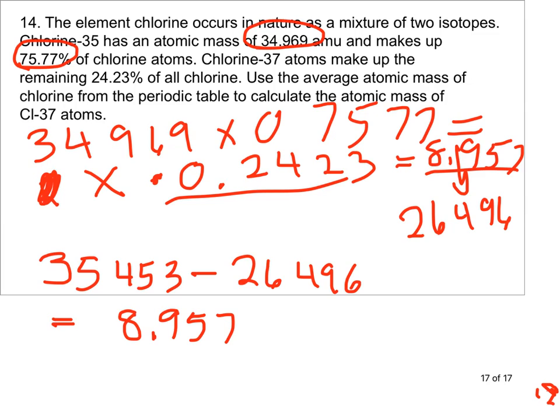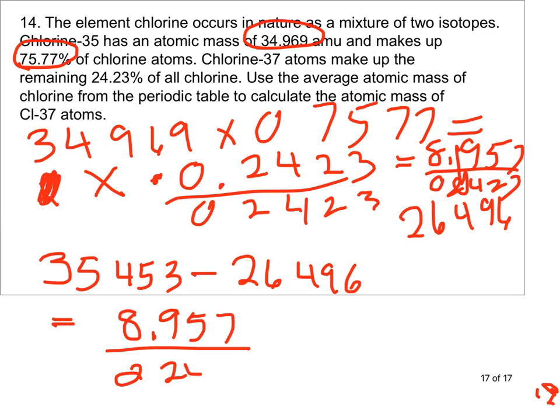Then to find the x, I'm going to want to divide by that. So I'll divide both of them by 0.2423.